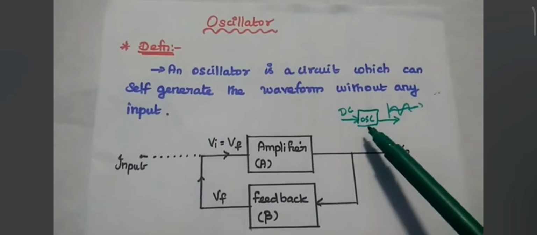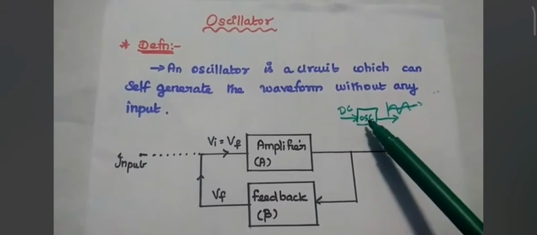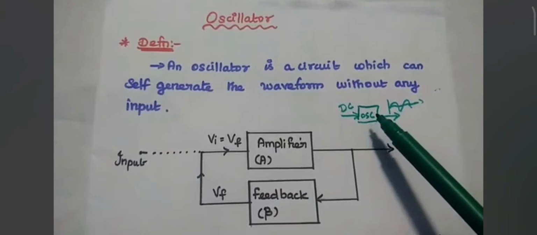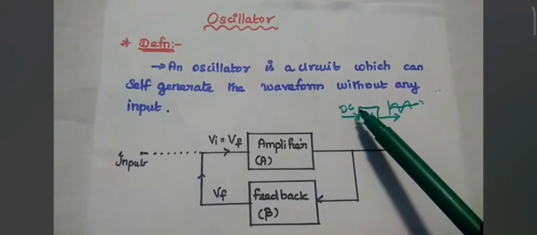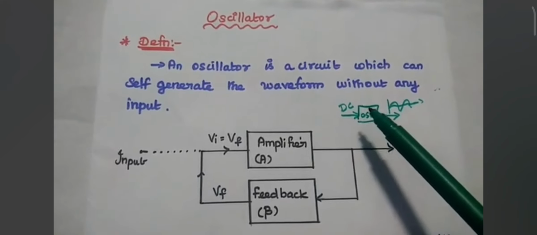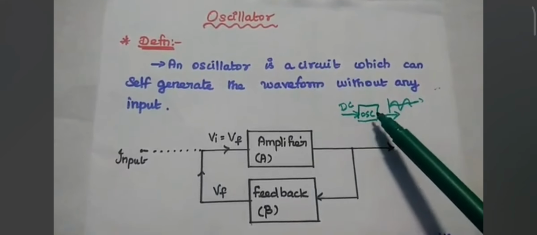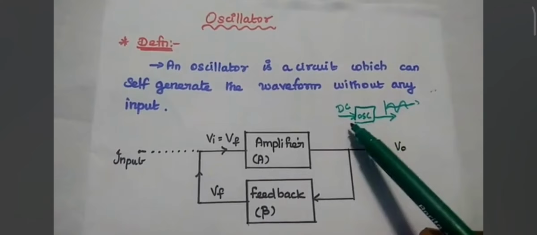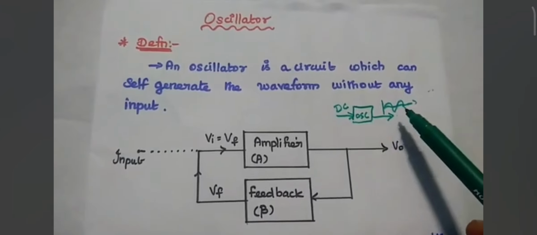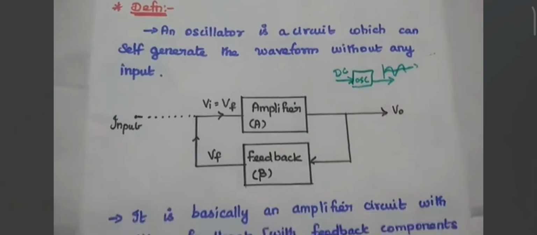So in this oscillator we are using transistor as an electronic device. For the transistor we can give DC supply voltage. This is not that input voltage. Okay. So without any input signal it can generate the output signal.